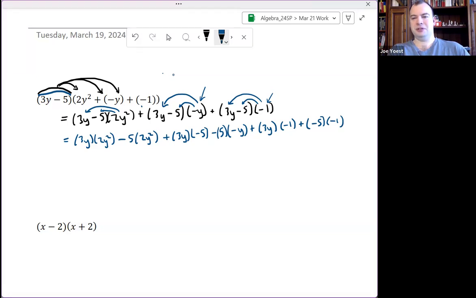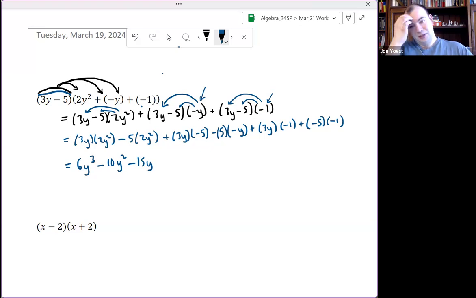So distributing 3y minus 5 to the negative y and to the negative 1. And then we do 3 more distributive properties to distribute each of these bits into the 3y minus 5. This first term out here, we have 3 times 2 is 6. Y times y squared is y cubed. Minus 10y squared, just multiplying the constants here. 3 times minus 5 is minus 15y.